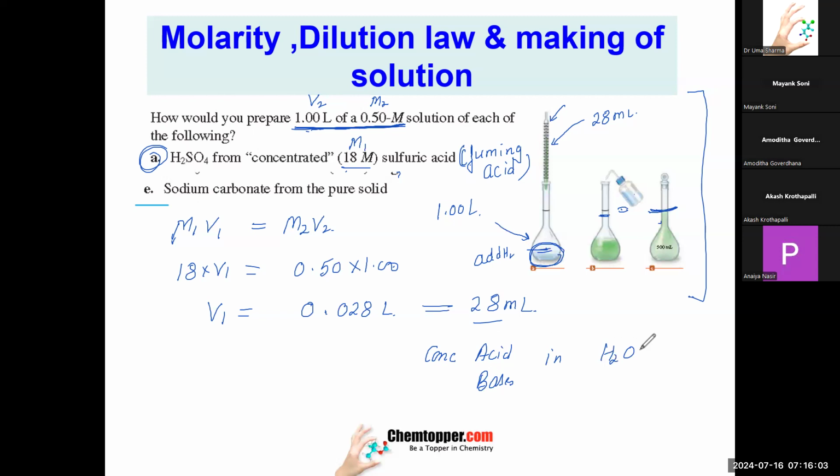The mixing is very exothermic and so much heat is generated that it will make the solution bump out and it can harm us. So be very careful. Your eyes should stay away. When you are making this solution of concentrated acid, your face should be away from the container.